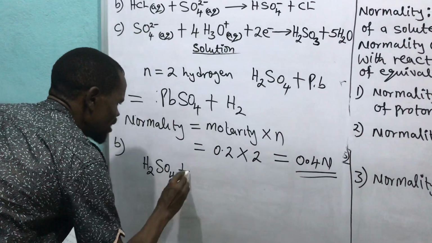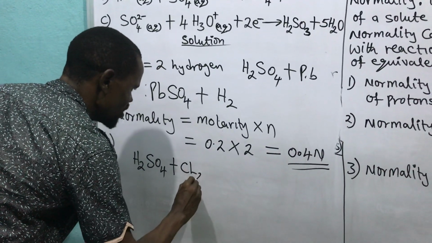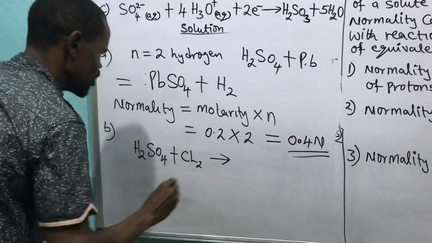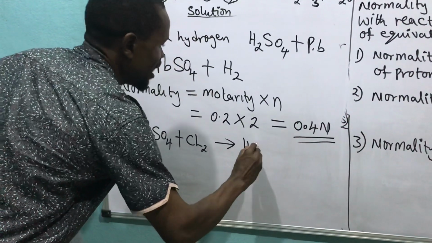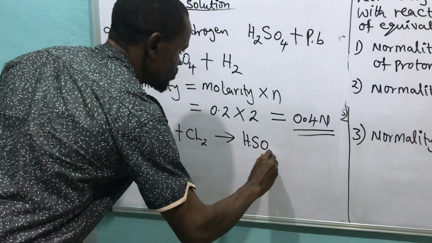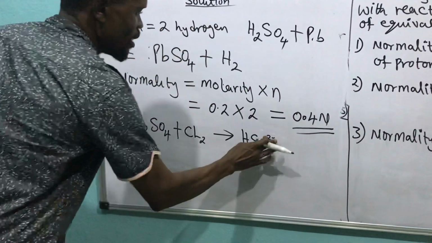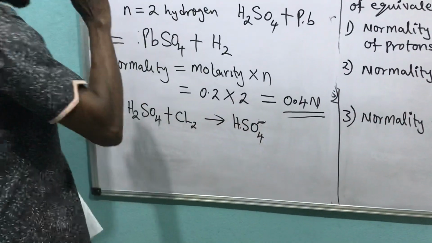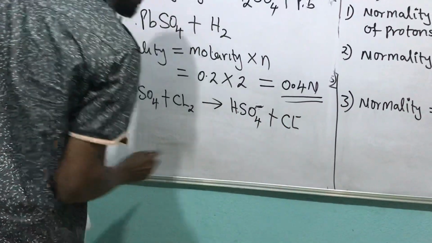H2SO4 reacts with chlorine, and what it produced is HSO4 minus, with 2 minus, why I put minus, there's remaining 1 hydrogen plus Cl minus.